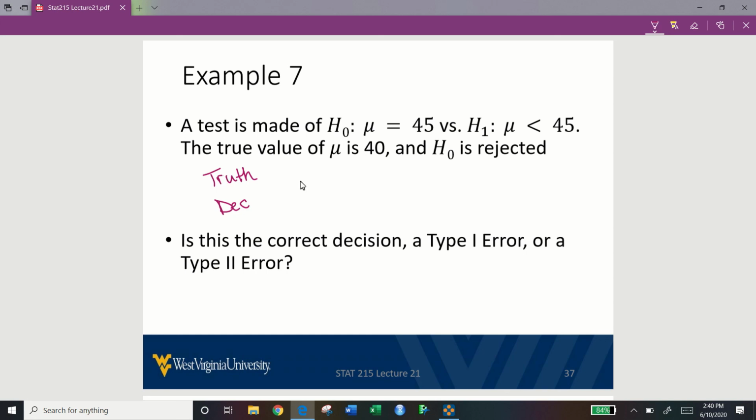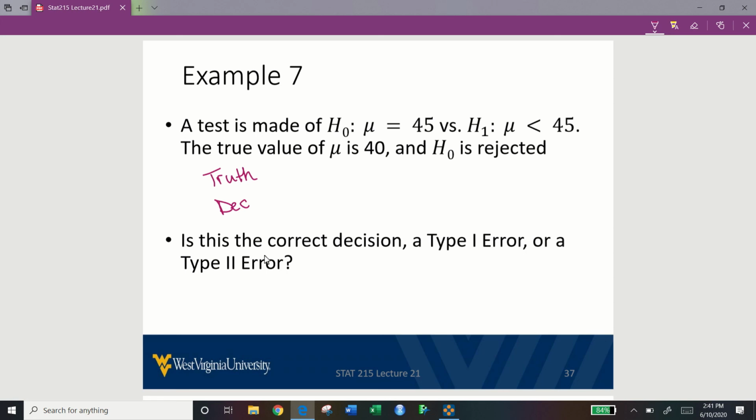The truth is that mu equals 40. Or in other words, the truth is that we should reject the null hypothesis because 40 is less than 45.